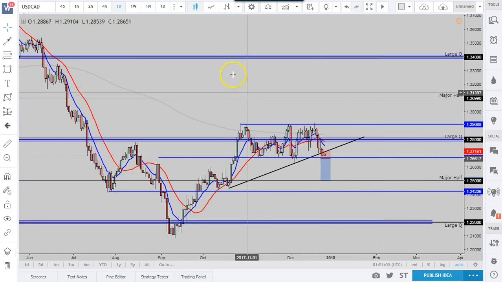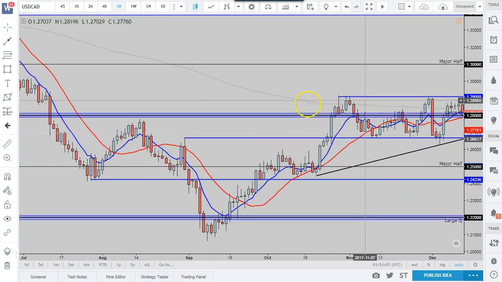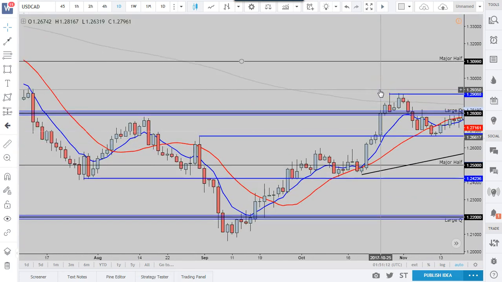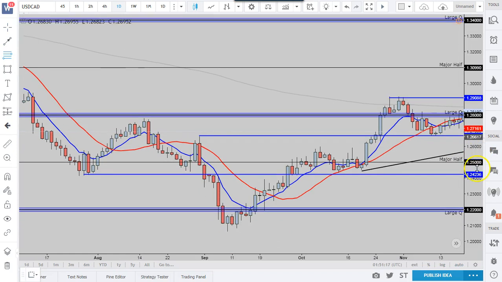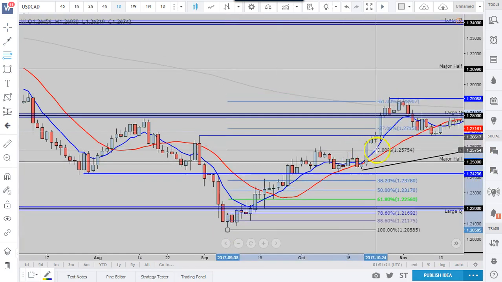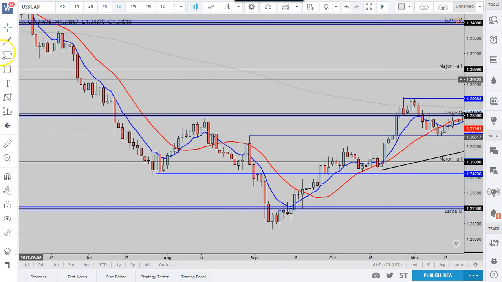Okay, this is the chart, right? So let's say, let me see if I can find the Fib. Price didn't pull back. Okay, let's see this.